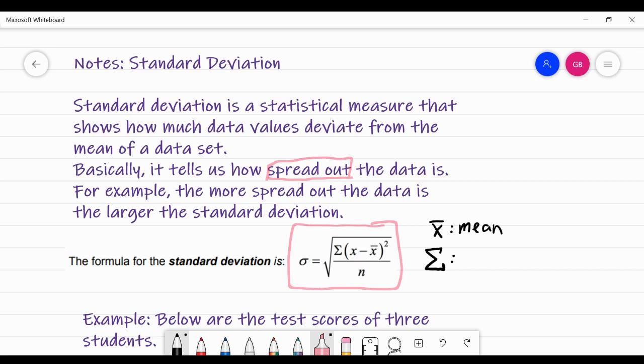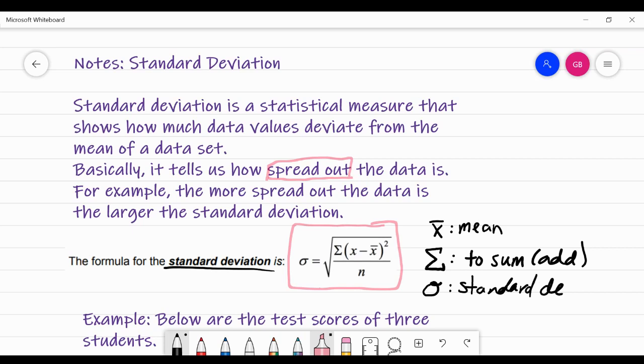This symbol just means to sum, basically to add. Okay. And then the last symbol, that's the actual symbol for standard deviation. That's a lowercase, I'm sorry, lowercase sigma. And this is the standard deviation. So those are the three new symbols, and I'll show you how they work in a bit.